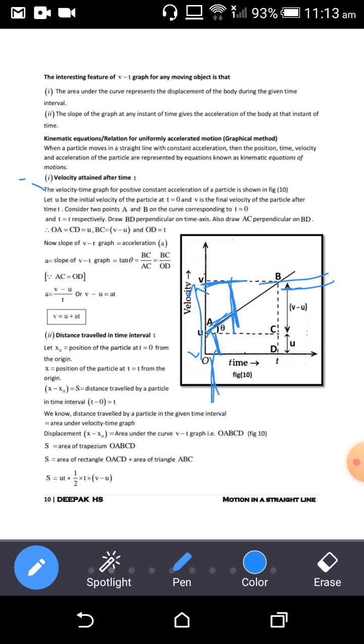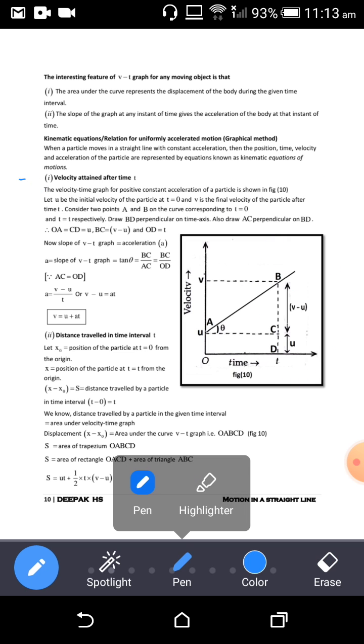Now in this triangle ABC we will consider the value of tan theta. So tan theta is equal to BC by AC. BC is v minus u, whereas AC is equal to OD.